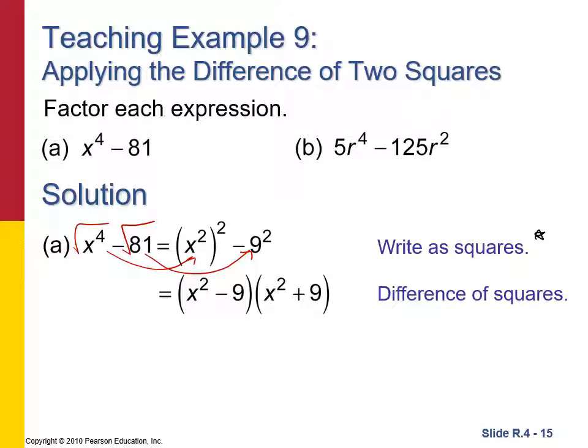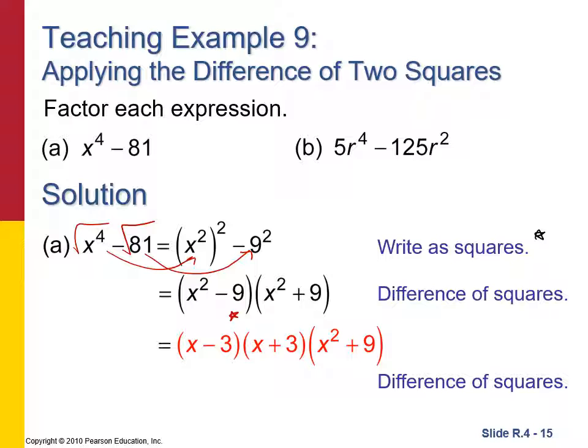Now notice you have a difference of squares here, right? And so what is the square root of x squared? I'm just going to let it show you. It's probably neater than my handwriting. X minus 3, so this right here is a result of x squared minus 9, because this is also a difference of squares. And then you leave x squared plus 9.